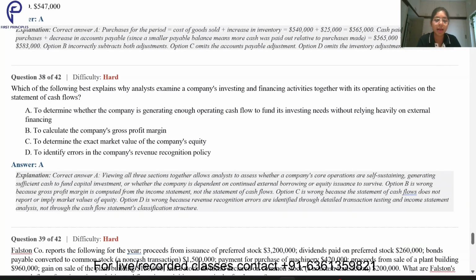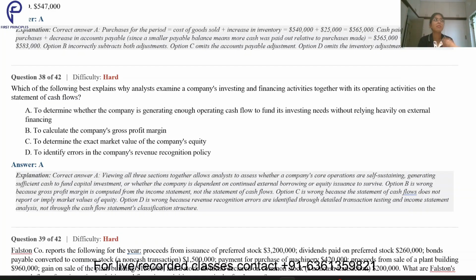Which of the following best explains why analysts examine a company's investing and financing activities together with its operating activities on the statement of cash flows? So why do they analyze? First of all, to determine whether the company is generating enough operating cash flow to fund its investing needs without relying heavily on external financing. Is this correct? Yes.